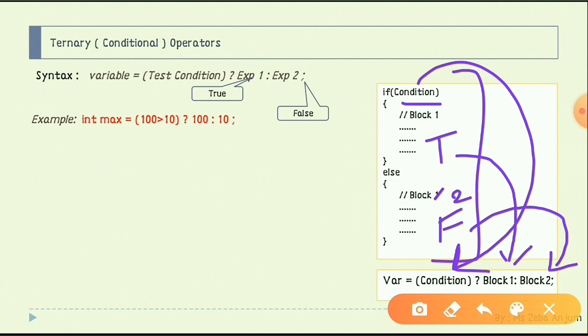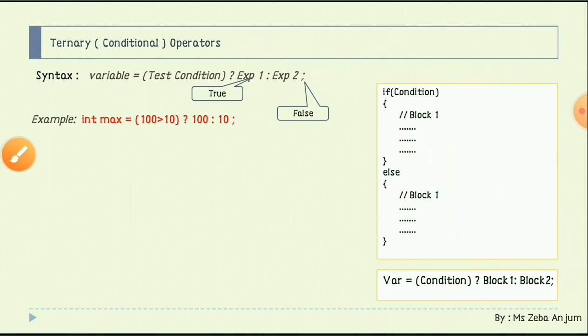And please follow the syntax. This equal to sign should be there, this question mark should also be there after your test condition, and between your true and false expressions we have a colon. After completing the whole syntax we have to terminate our expression with this semicolon. Please try to remember this syntax, it is very important for your exams.